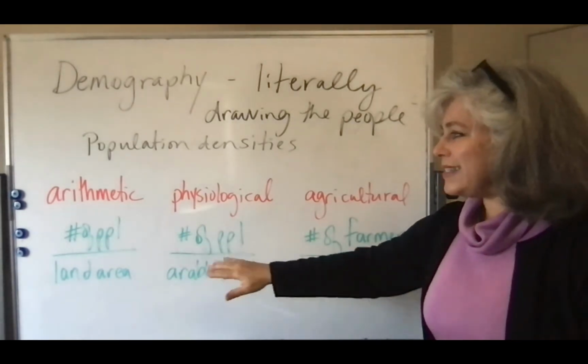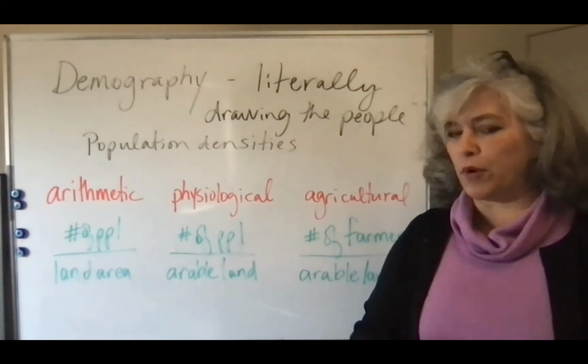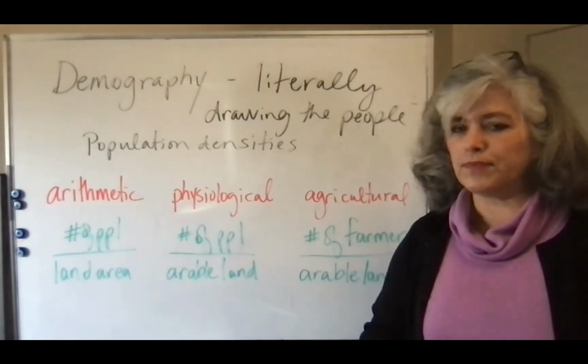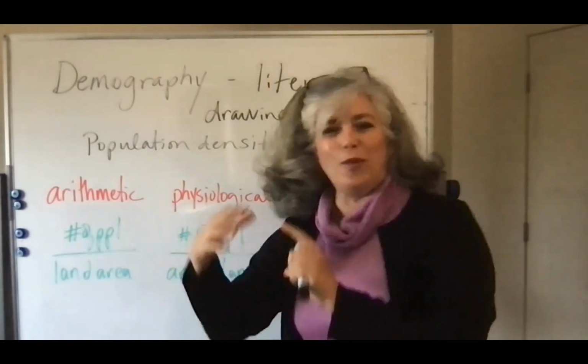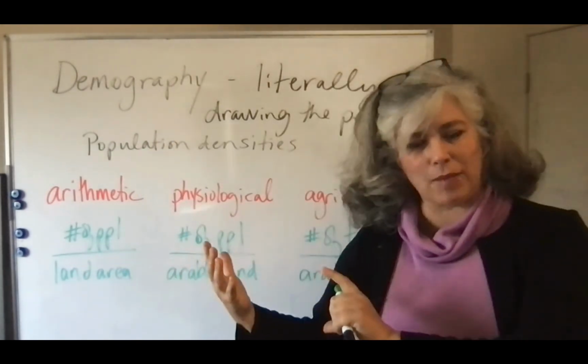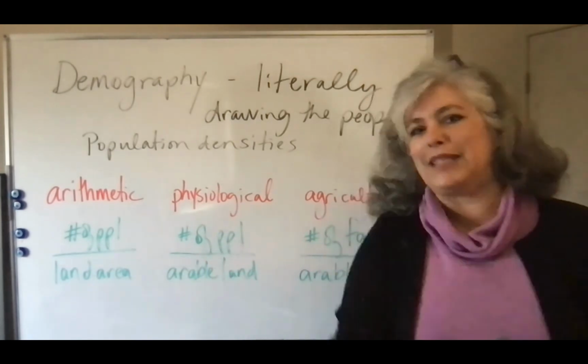So these population density numbers are not so valuable really if you hold them alone. If you only look at arithmetic population density, it's not going to really tell you so much.